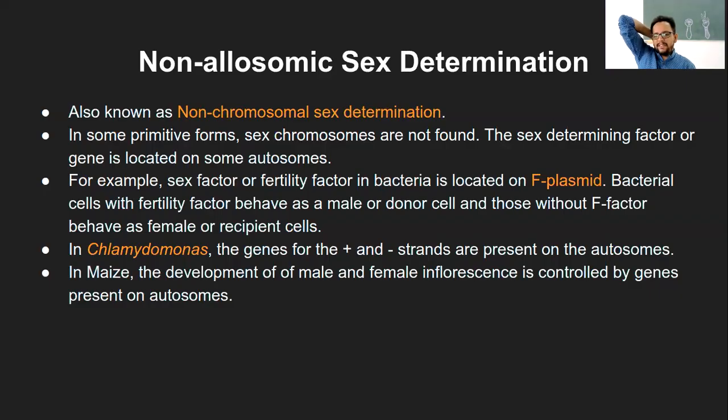So that way it is also non-chromosomal or non-allosomic, but it does take part in the decision of that bacteria about what should happen with the next species. So this is also something similar, that is sex factor or fertility factor.